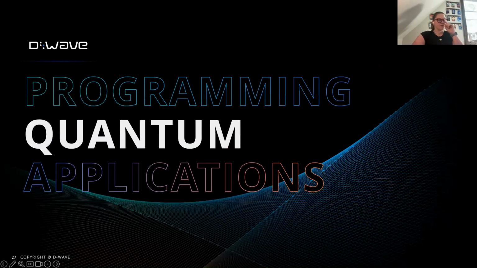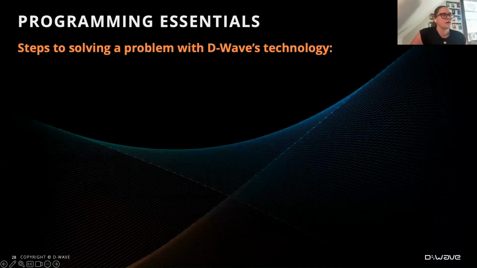Okay, so now that we have a mathematical expression in mind for this program, we can go ahead and map it to the D-Wave solver. So there are some main steps to solving a problem using D-Wave technology.